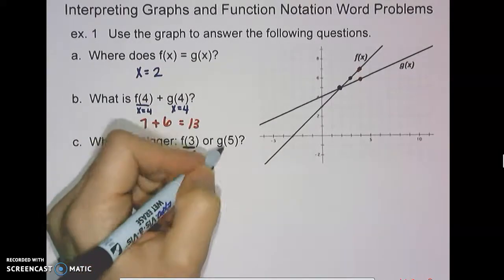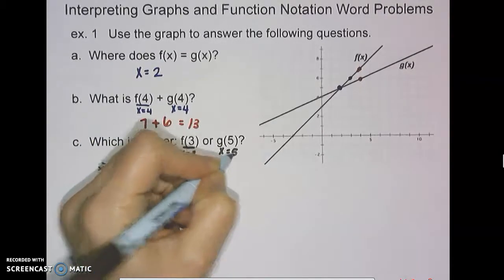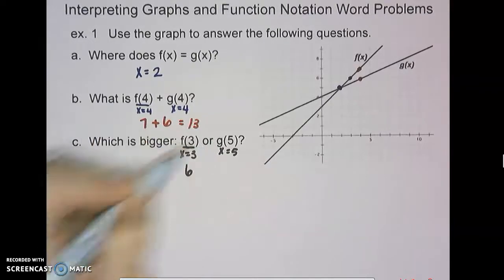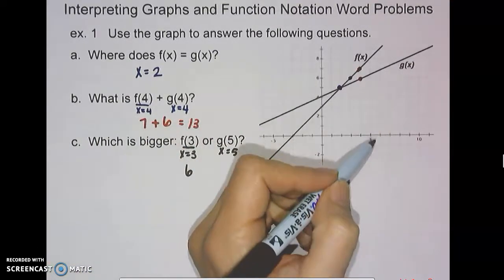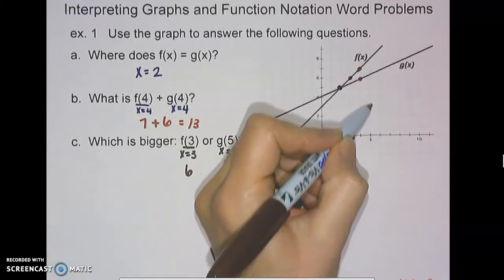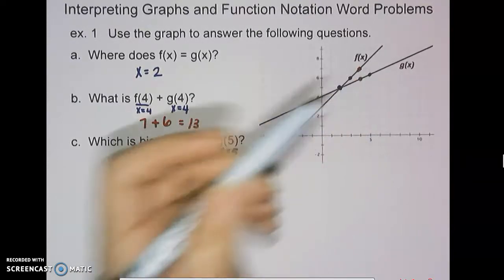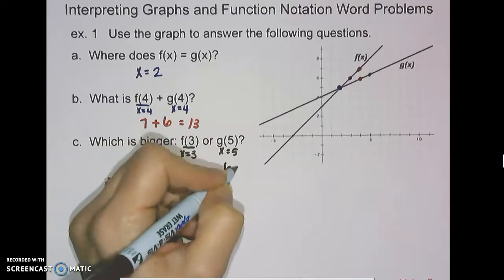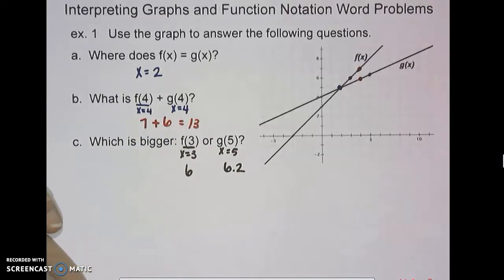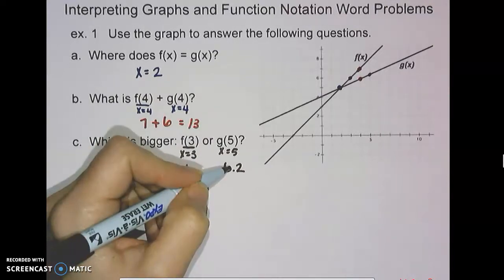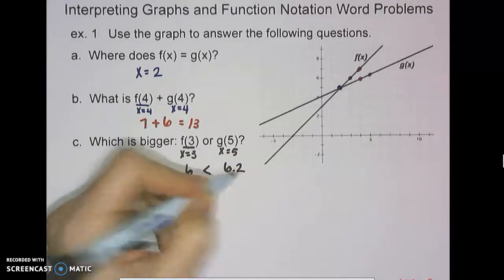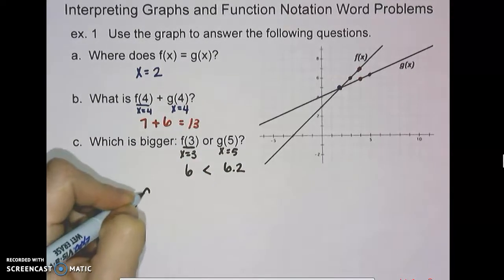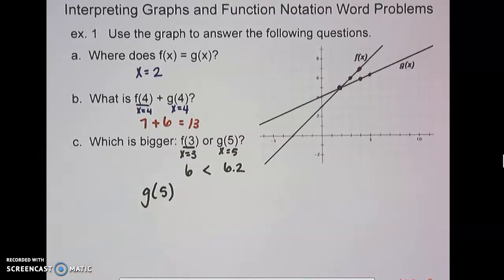G of 5 means x equals 5 in the g of x function. So we're going over to 5, following it up till we get to the g of x function. And that right there is a little bit more than 6. So let's say it's 6.2. So which one of those is bigger, 6 or 6.2? So 6.2 is bigger, so here we would answer g of 5. That's the bigger thing between these two pieces.